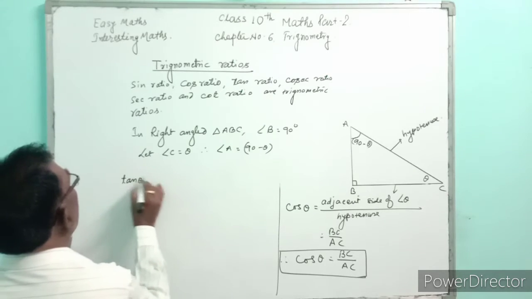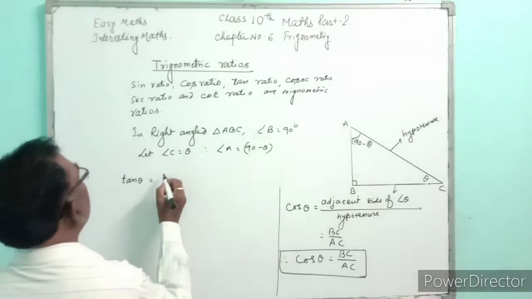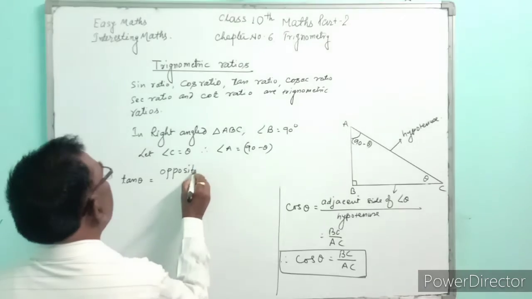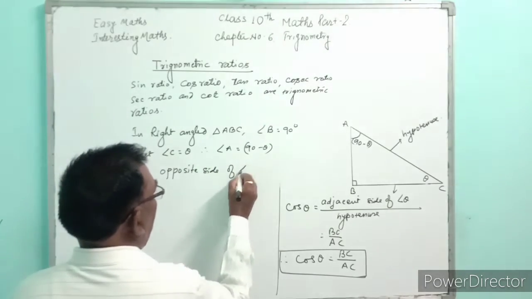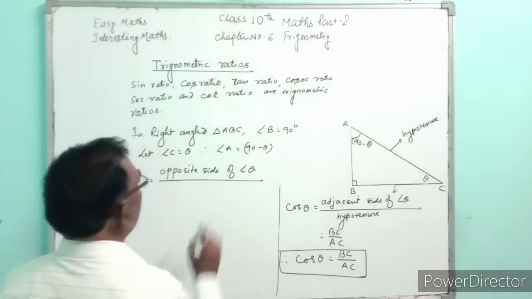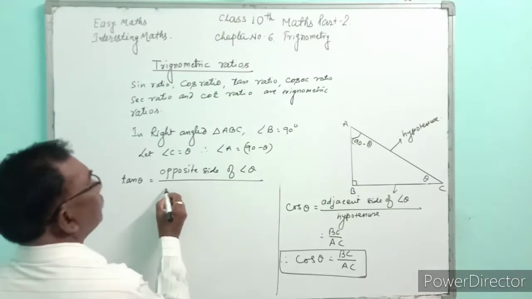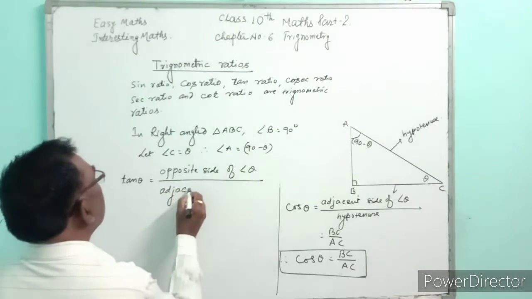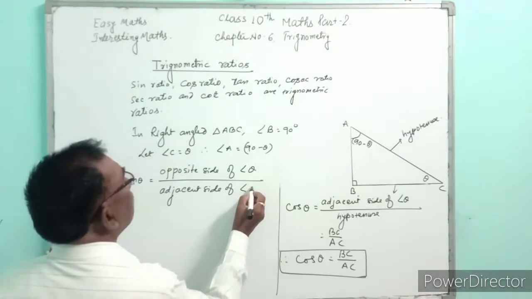Tan theta is equal to the opposite side of angle theta upon the adjacent side of angle theta.